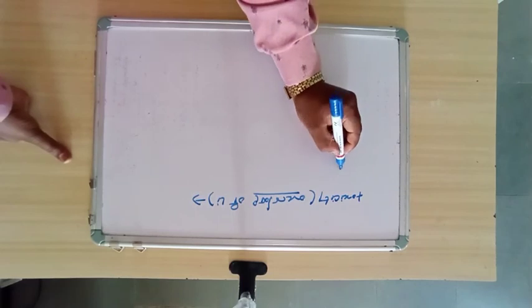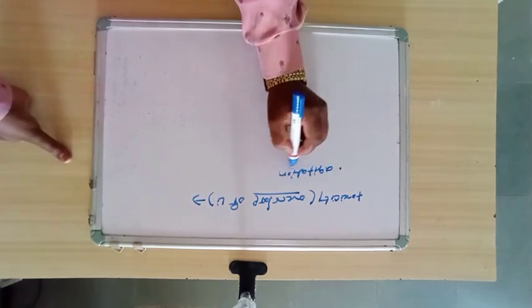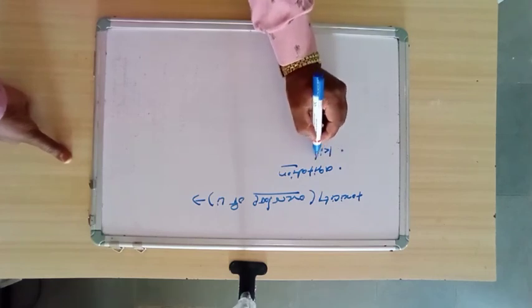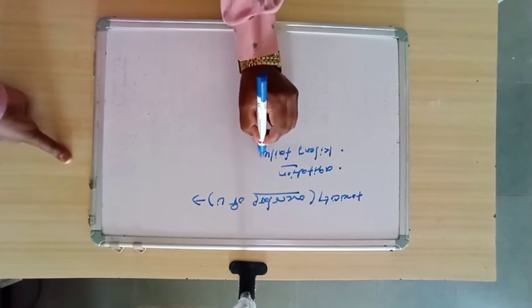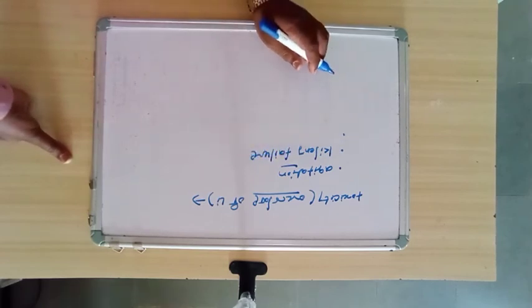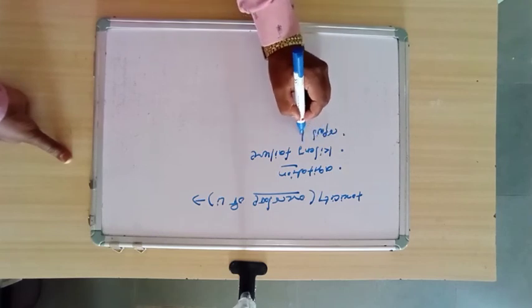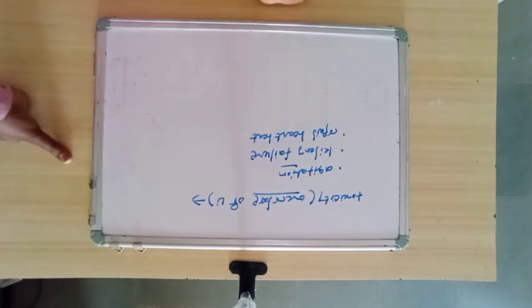The first symptom is agitation, then kidney failure. Third, rapid heartbeat. First agitation, second kidney failure, third rapid heartbeat.